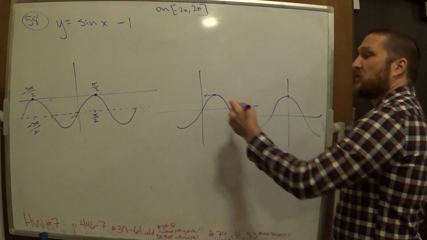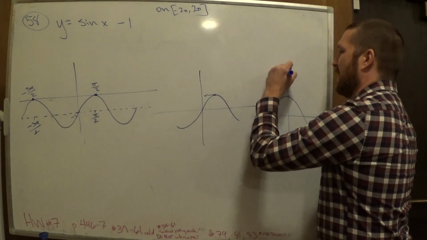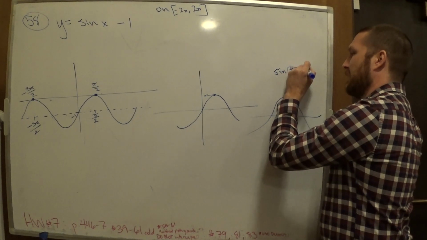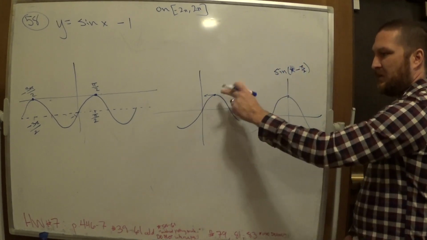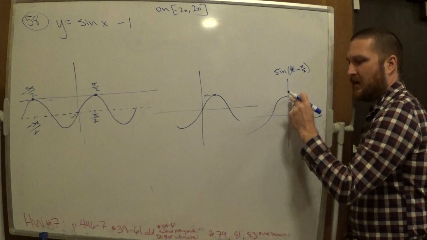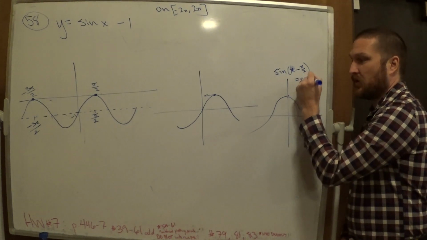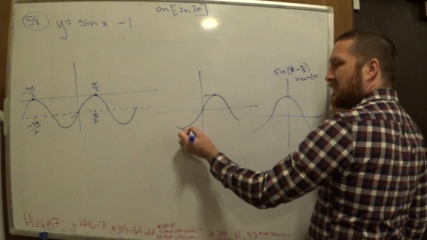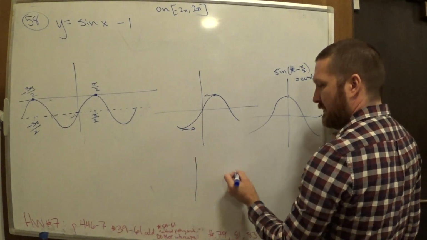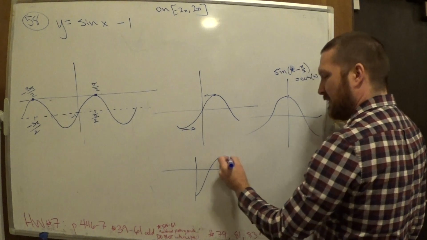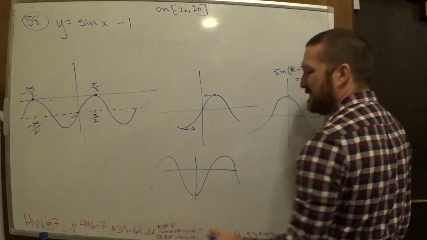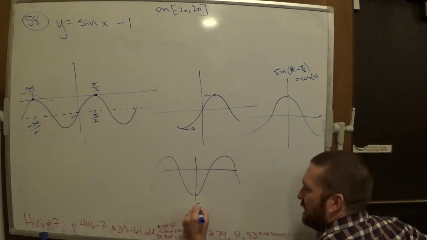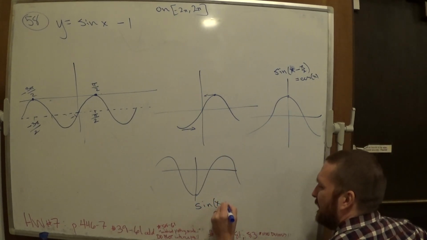In other words, sine of x minus pi over 2 would shift it that way, and you would get the same thing as cosine. If you shifted it this way by pi over 2, it would be upside down cosine. And what would upside down cosine be mathematically? How do you flip something upside down? Multiply by negative 1. It would be negative cosine.